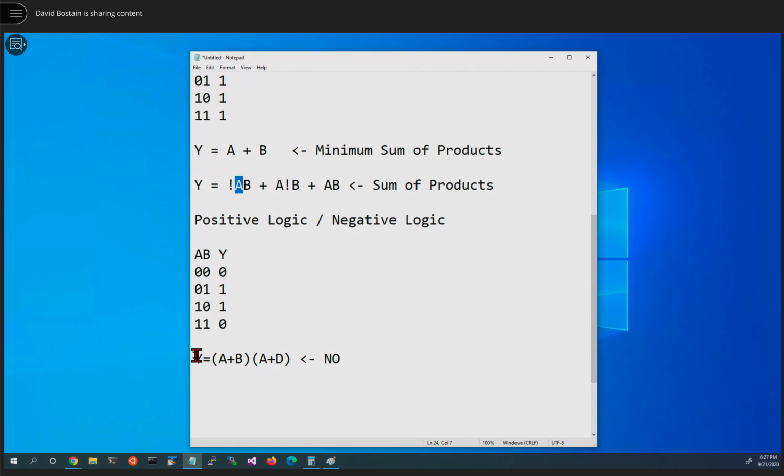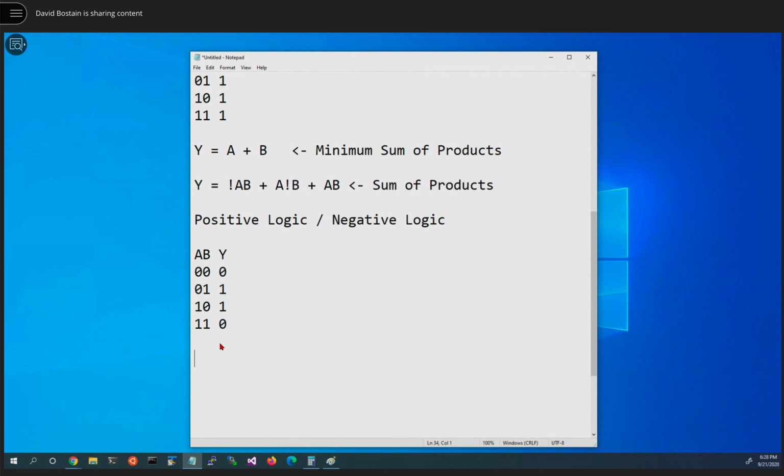So if I were to ask you here, what are the min terms of this particular equation? You would tell me the first min term is not A B, and the second min term is A not B. If I ask you what the fundamental products were, you'd give me exactly the same answer. So let's write out the sum of products equation.